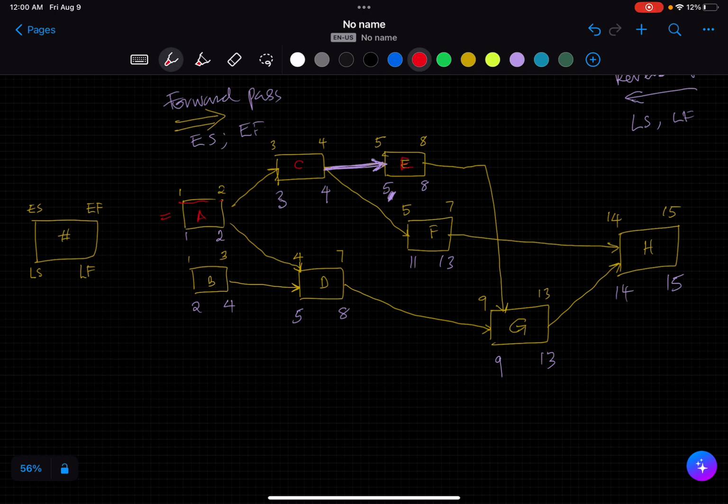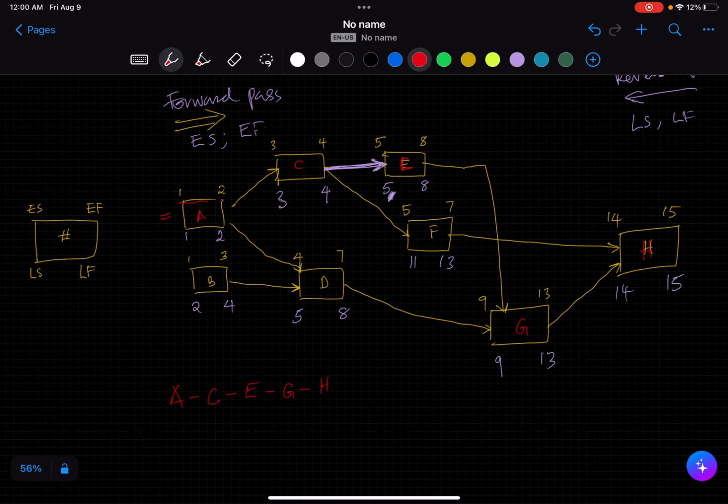E is the same. G is the same, and H as well is the same. What does this mean? It means that this way we can easily determine our critical path activities, the activities that are on the critical path.